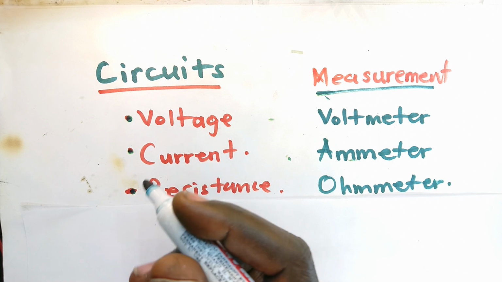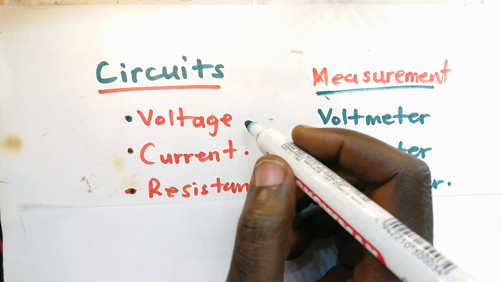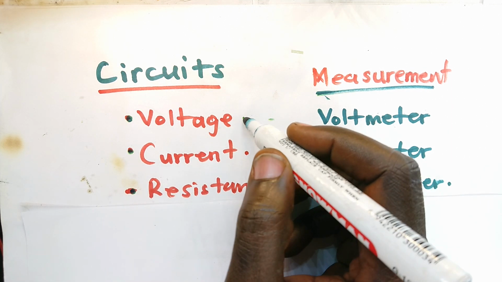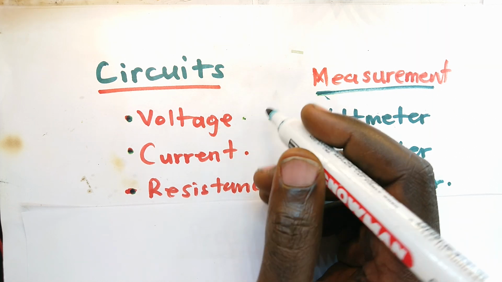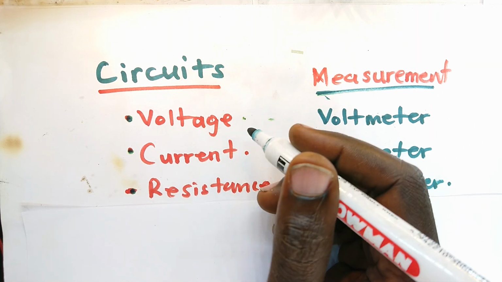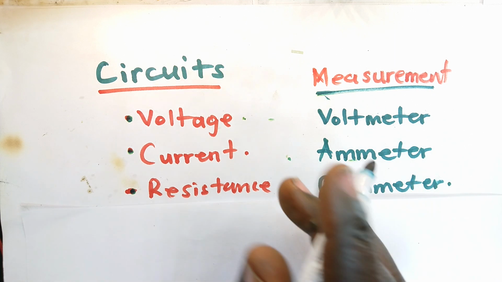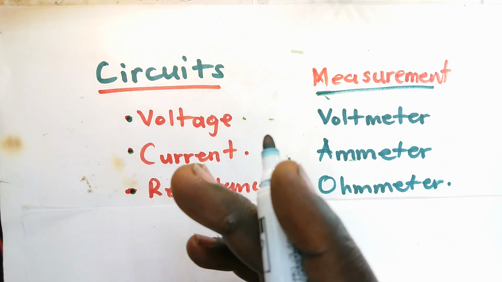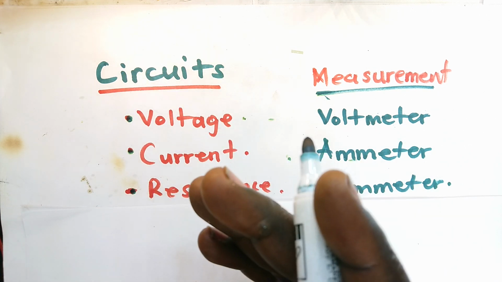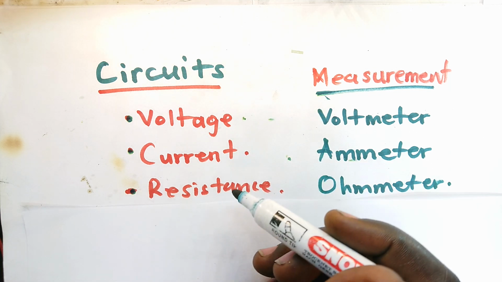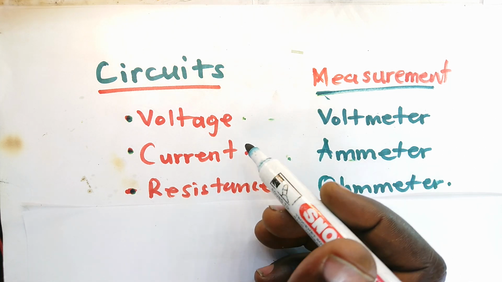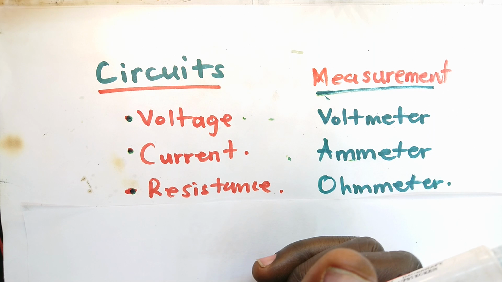Now first of all, let us recap that voltage, here we are looking at the potential difference, the source of potential difference, and at times we just call it voltage. And then for us to illustrate this and how they influence the amount of work, we shall create a simple electric circuit.